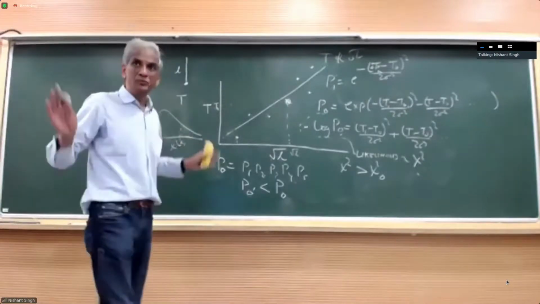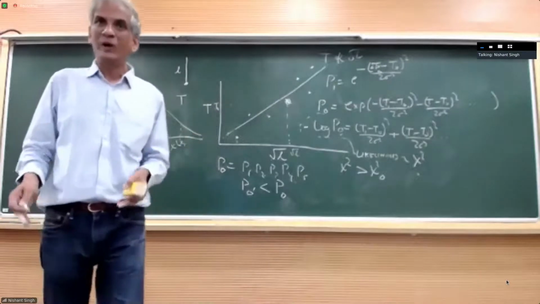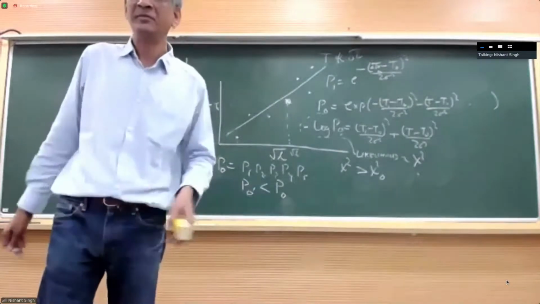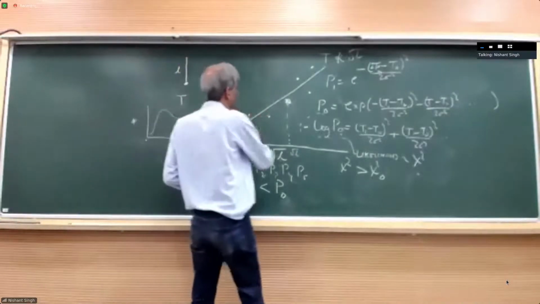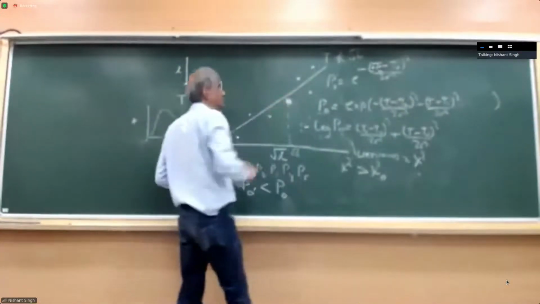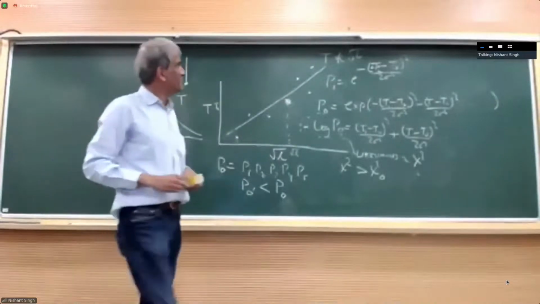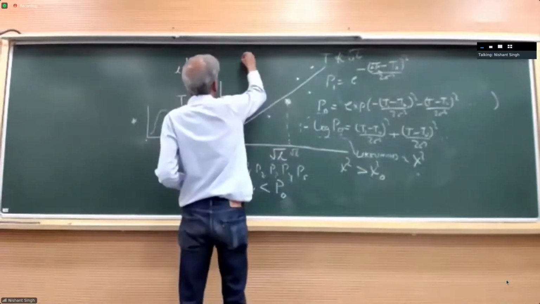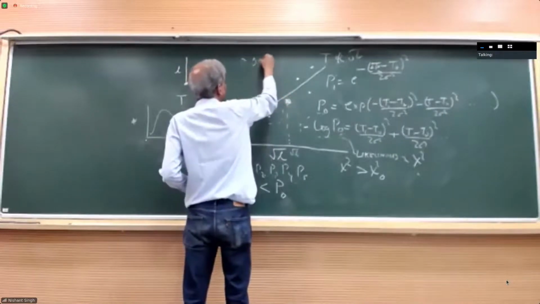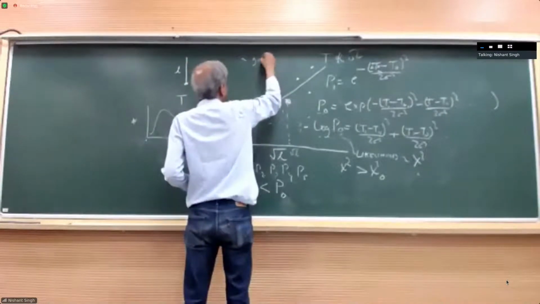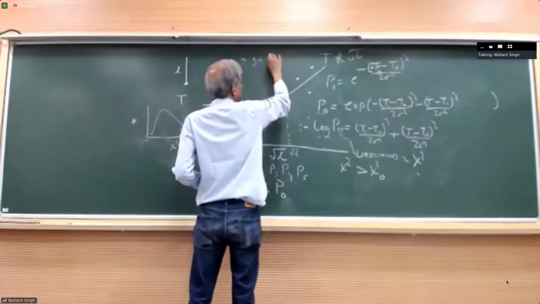Up till now we have just done one part of your high school experiment. Only the first part. That is, take this line and find out whether this line is matching. The second part of the experiment was to find the value of g. That is, you take the slope of this line, and you find what g was.